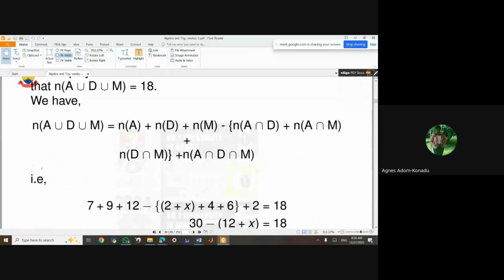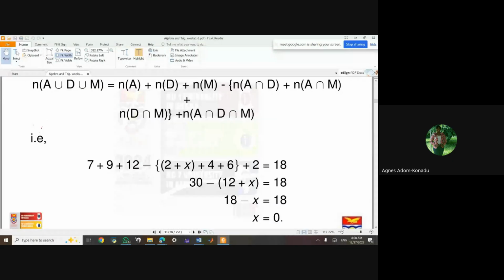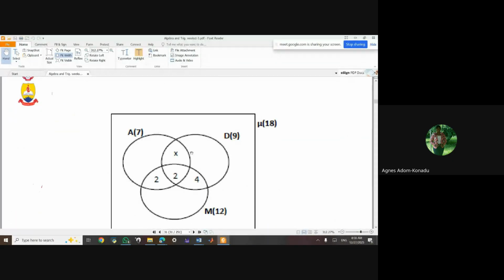So using that equation, the number of elements in A, we had 7. The number of elements in D were 9, the number of elements in M 12, and then the number of elements in A intersection D, which is x plus 2.